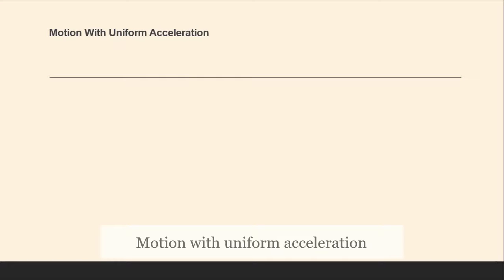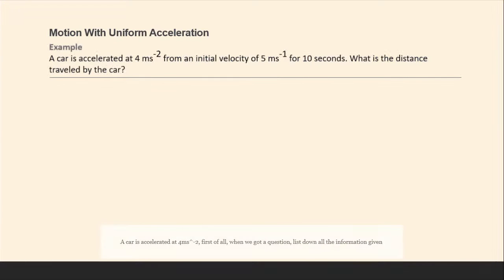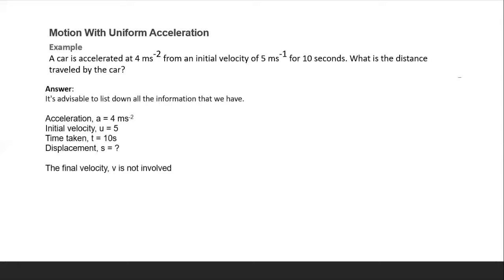Motion with uniform acceleration. Okay, a car is accelerated at 4. First of all, when you get a question, please list down the information given. So acceleration at 4 means a equal to 4, and initial velocity, which is u equal to 5, 10 seconds is t. So just list. The question is distance. So just list first acceleration, initial velocity.